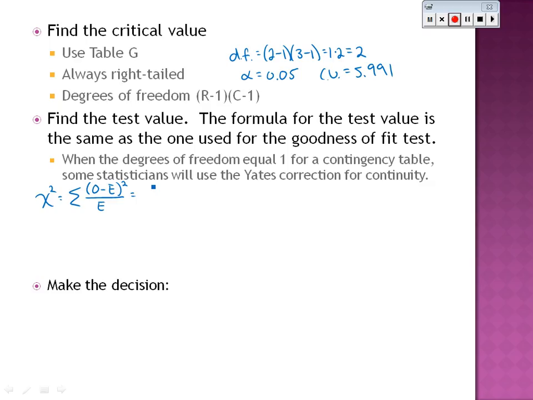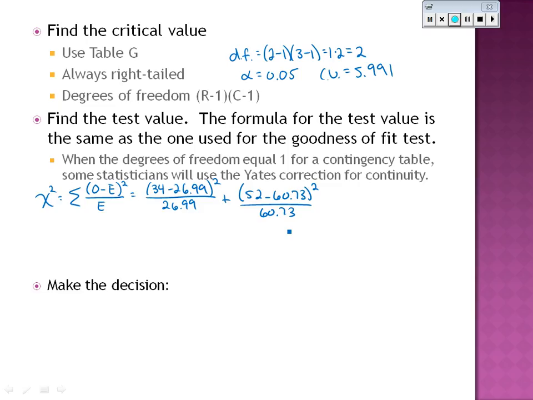We can start with the observed of 34 minus 26.99, quantity squared, divided by 26.99. Plus 52 minus 60.73 quantity squared divided by 60.73.